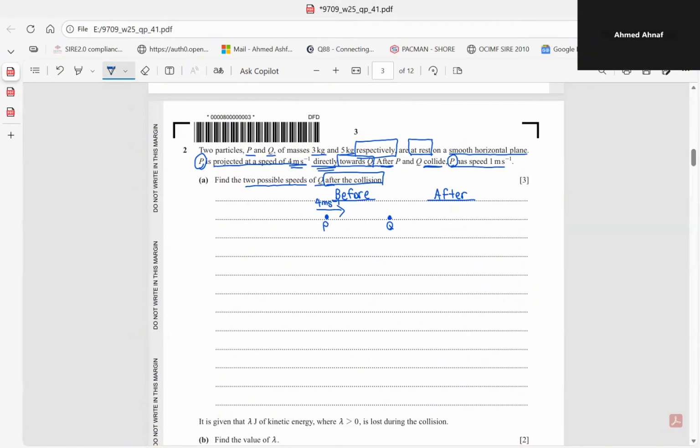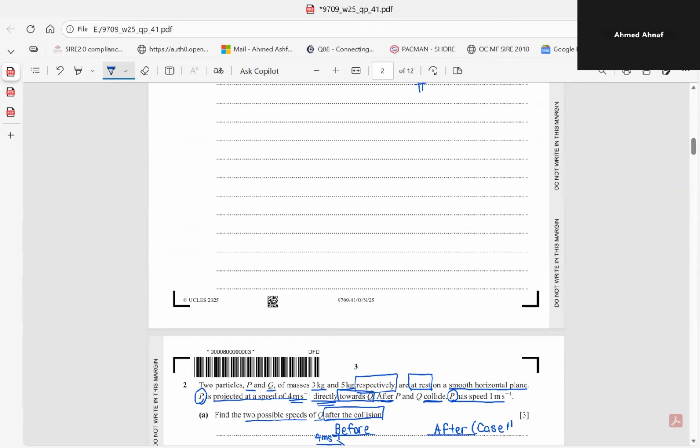However, they didn't really specify the direction. So we're going to have to guess, kind of. Okay. Right. So for case one, I'm going to write here, after case one.